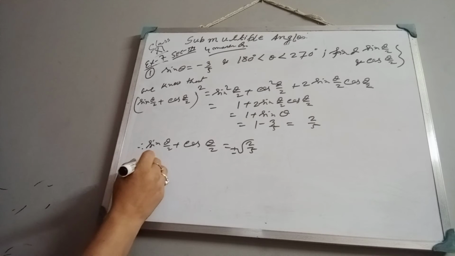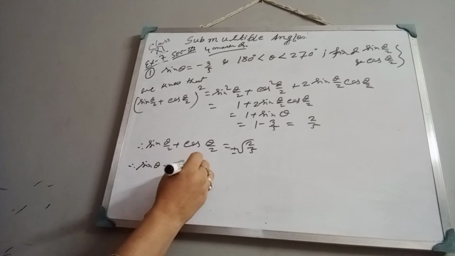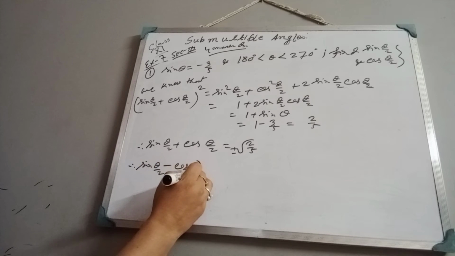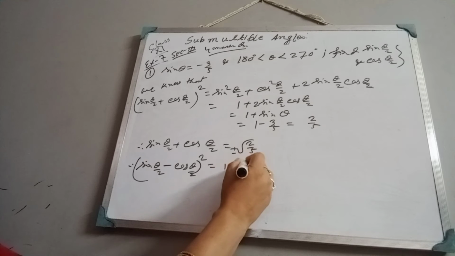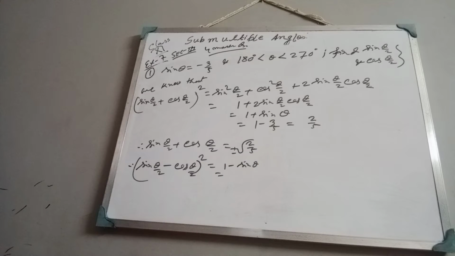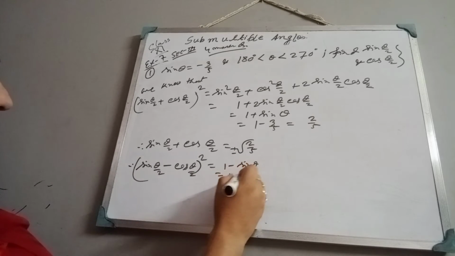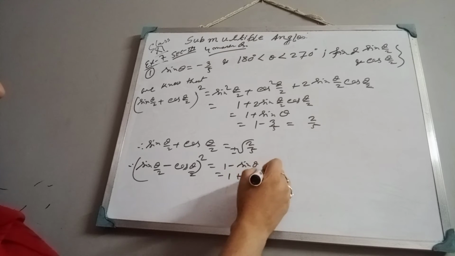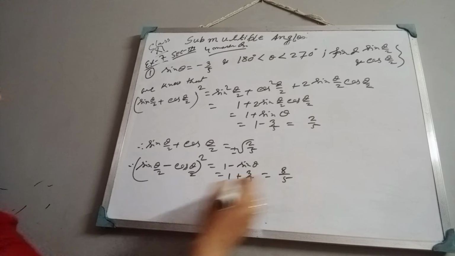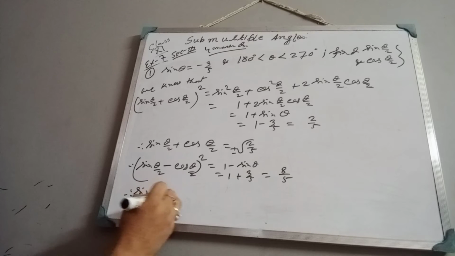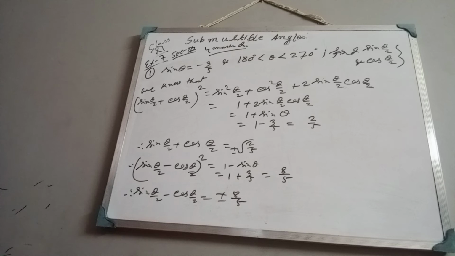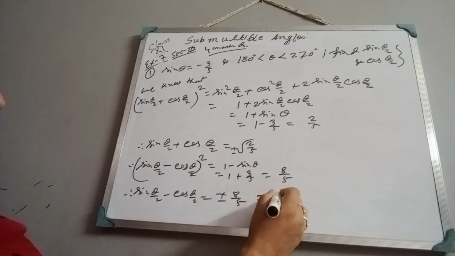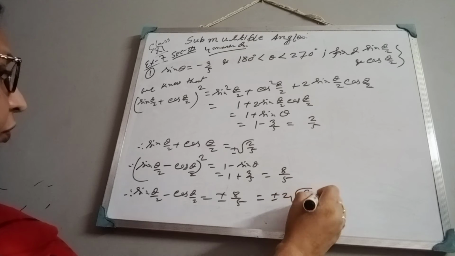Similarly, sin theta by 2 minus cos theta by 2 whole square is this, we will get 1 minus sin theta. Okay, so here we will get 1 minus minus 3 by 5. So 5 plus 3 is 8 by 5. Therefore sin theta by 2 minus cos theta by 2 is equal to plus minus square root of 8 by 5. 8 by 5 we keep it like this, no problem. Or we can write this as plus minus 2 square root of 2 by 5.